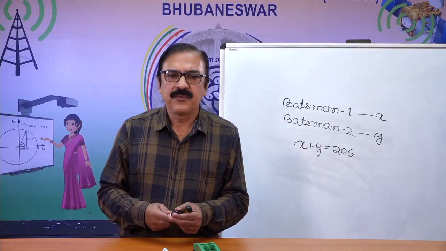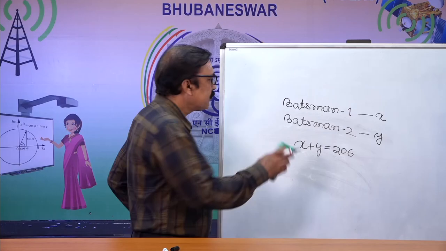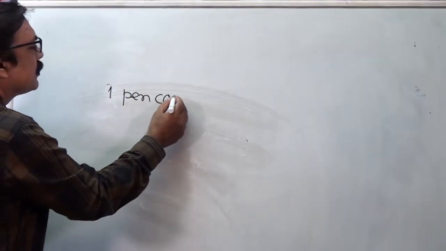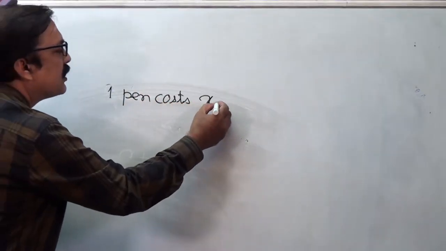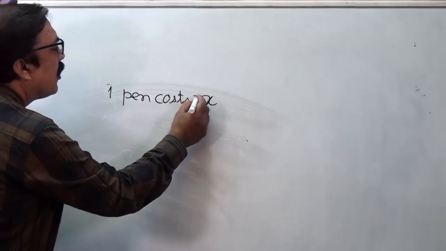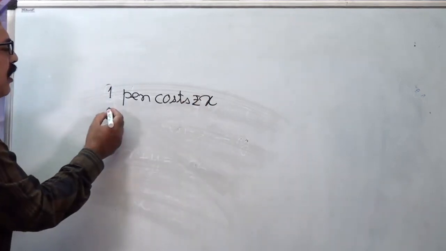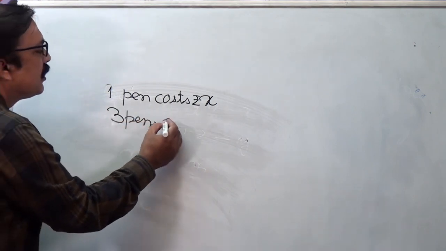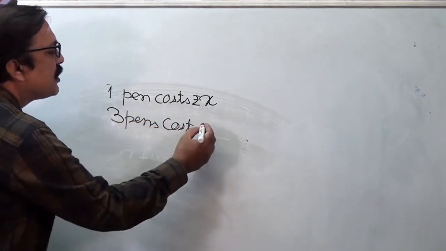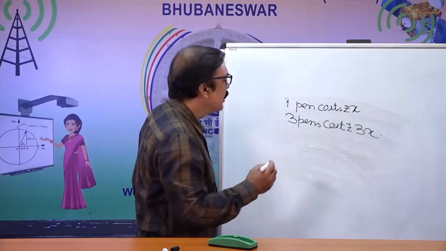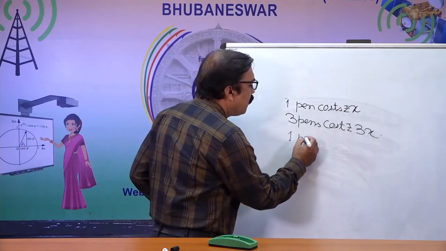Now, if one pen costs x rupees, as we don't know the value of one pen, we can say rupees x. Then what is the cost of 3 pens? Definitely rupees 3x.